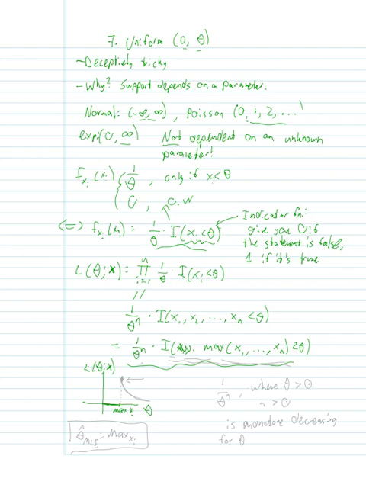While if theta is greater than the maximum of the xi's, we will have that this right part will be equal to 1, and this left part will be what determines what the likelihood is. And note that 1 over theta to the n, where theta has to be greater than 0, and n also has to be greater than 0, is monotone decreasing.